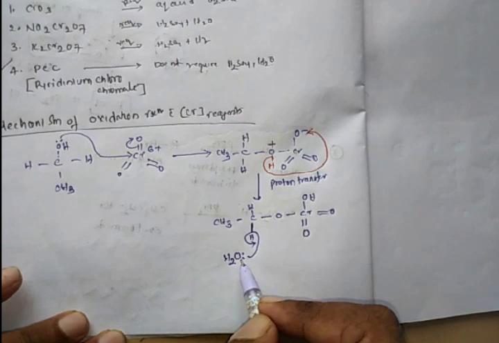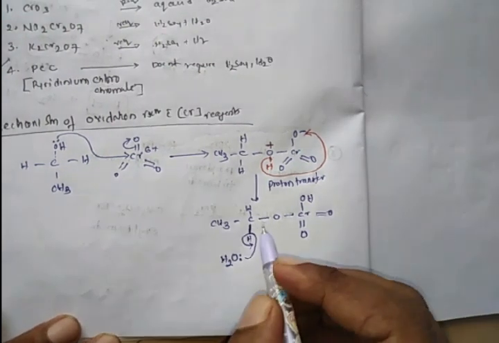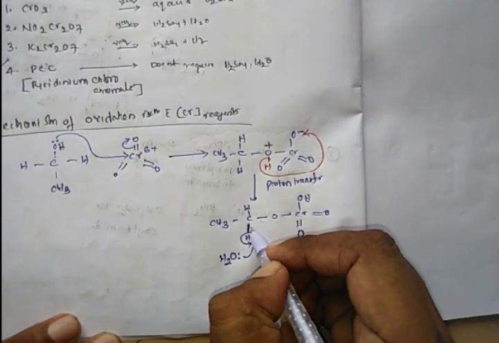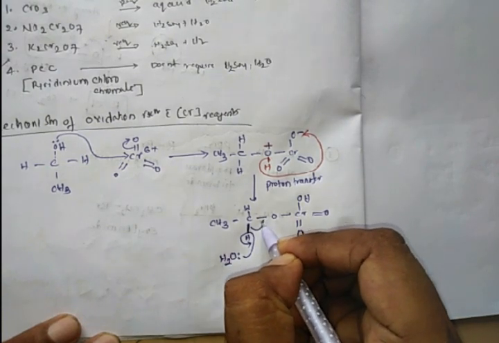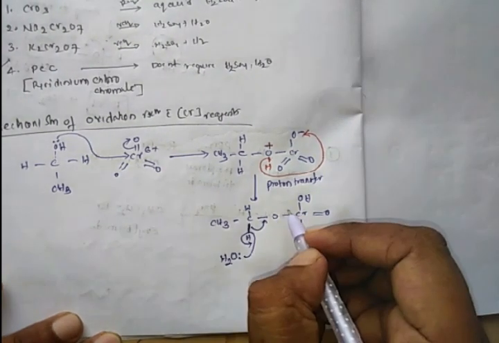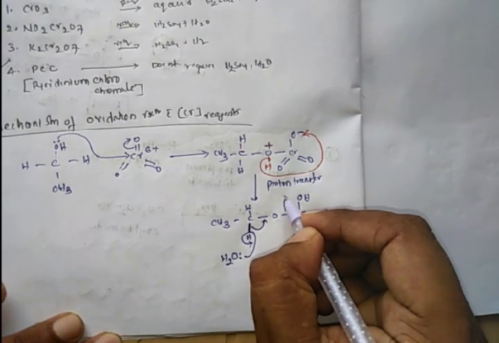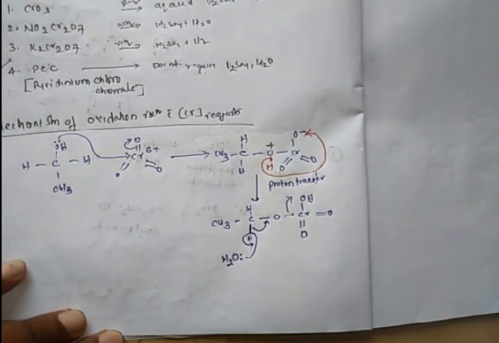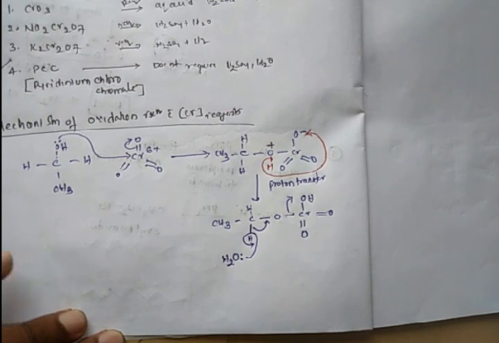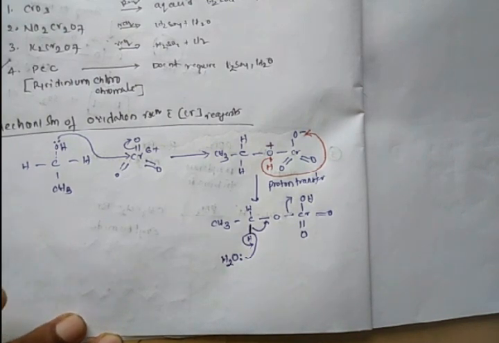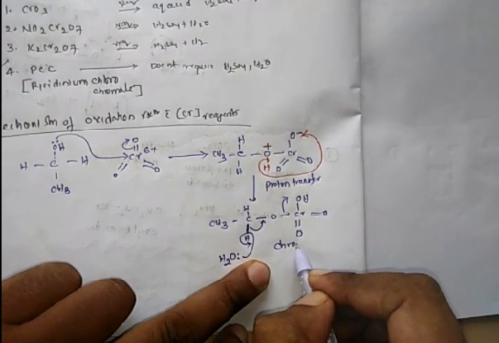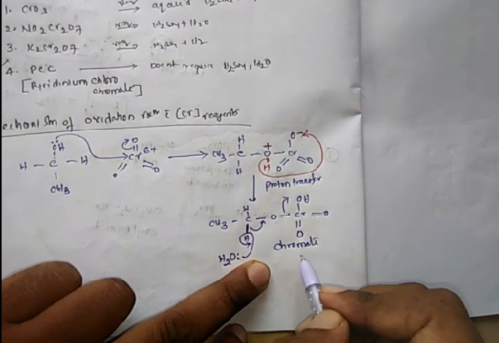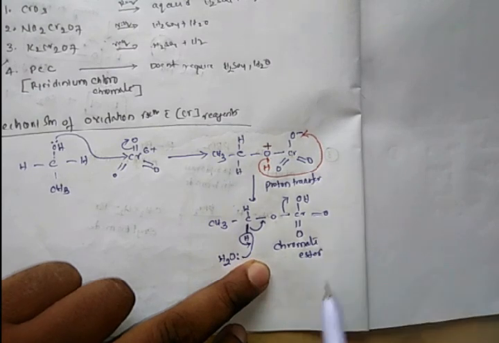These electrons in this carbon hydrogen bond will be shifted to the carbon oxygen bond, and this chromate group leaves away from this oxygen atom. This is called a chromate ester. The name of this intermediate is chromate ester.